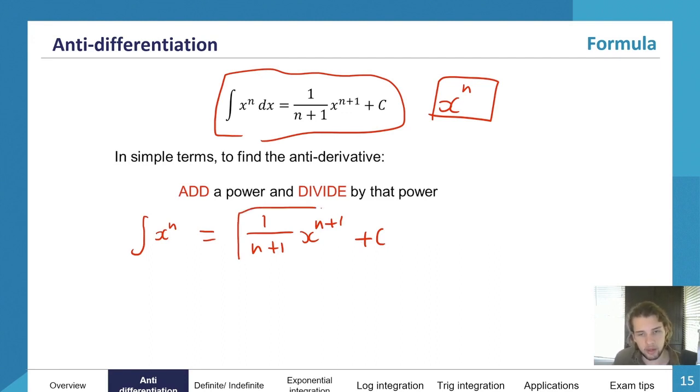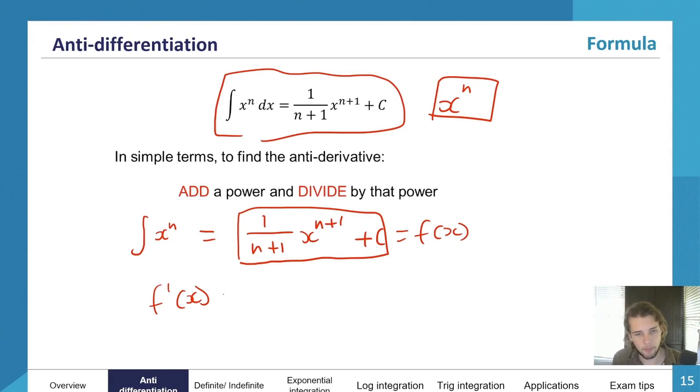In that scenario, we could then prove this by deriving it. So let's say this equals f(x). Now let's get the differentiation of f(x). So we have this constant value at the front still, because n plus 1 is a constant value as well. Now we multiply that by our answer.